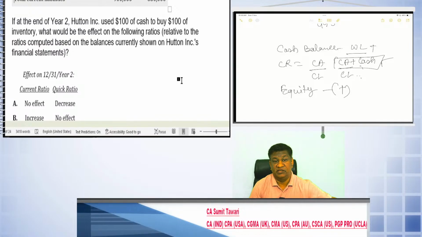Decreases, sir. Yeah, decrease. A is the right answer because cash is gone, but inventory we are not going to consider in quick assets. So that's why the numerator gets decreased. Okay, so A is the right answer.